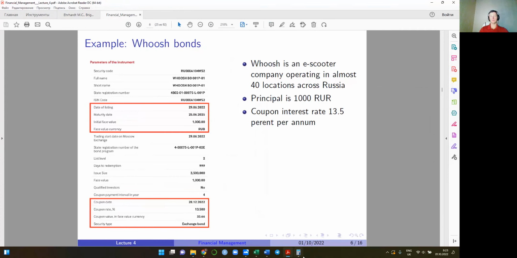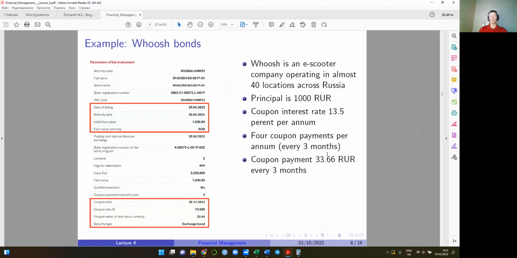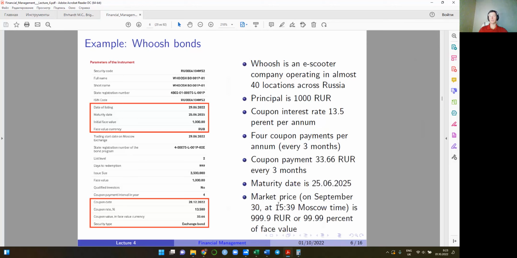So more correct, it's 13.46% per annum. 4 coupon payments per annum, so every 3 months. Coupon payment is 33.66 rubles every 3 months. Maturity date is 25th June. And market price is 99.99% of face value.